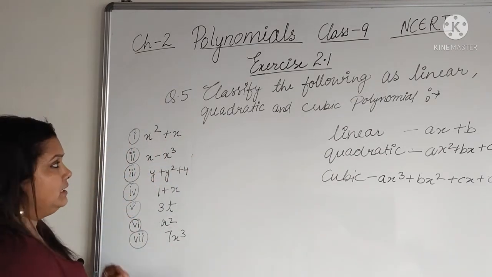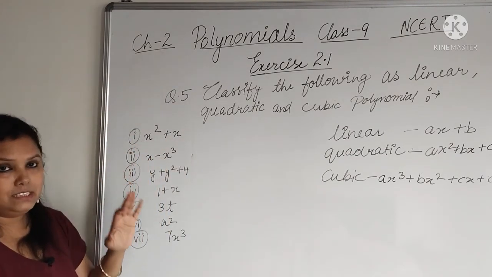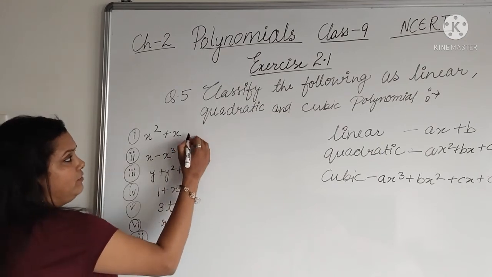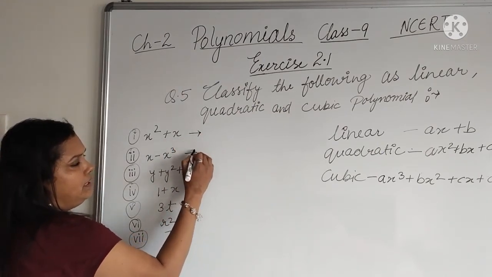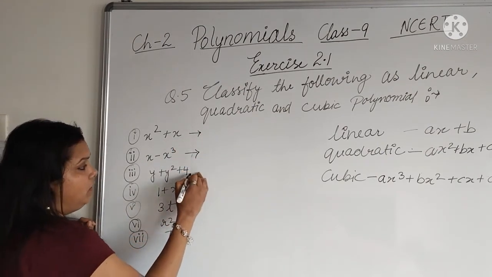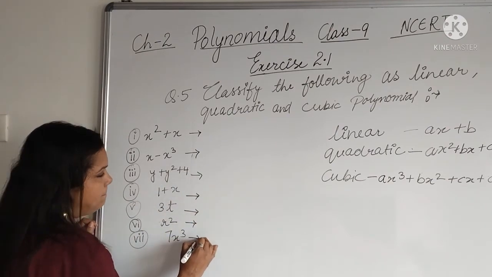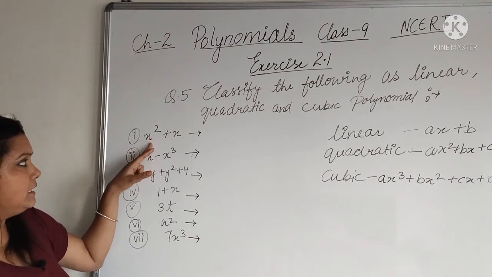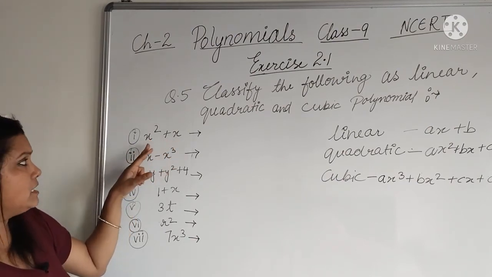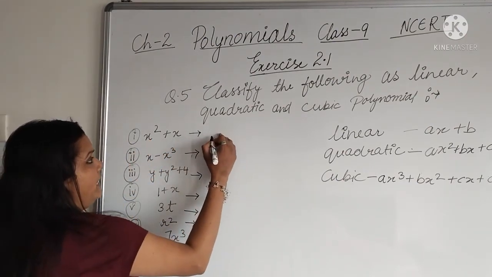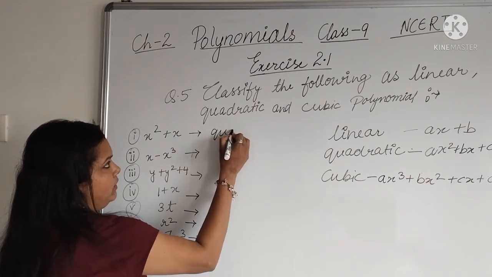So if you know this, then this question will be very easy for you and you can easily tell whether it is a quadratic polynomial or linear polynomial or cubic polynomial. Okay, let's try to do it. The very first one is x square plus x. Here the highest power is 2. So it is a quadratic polynomial.